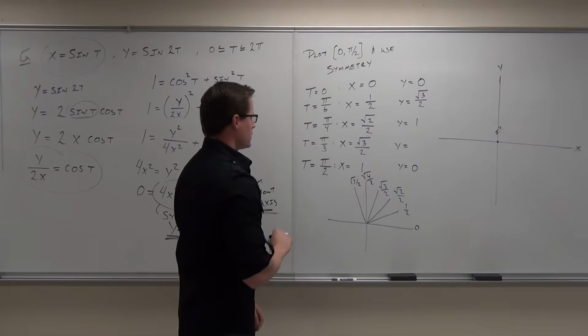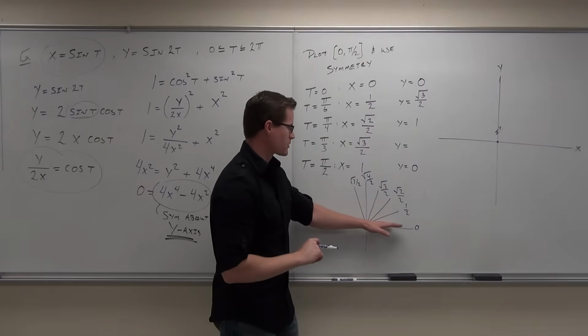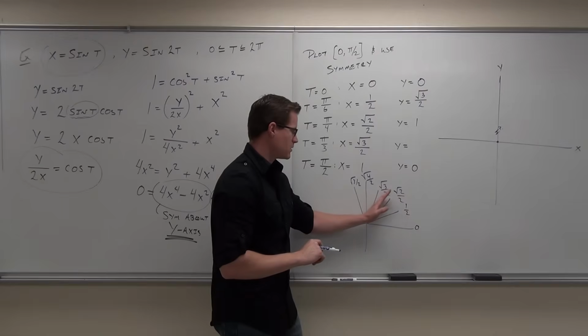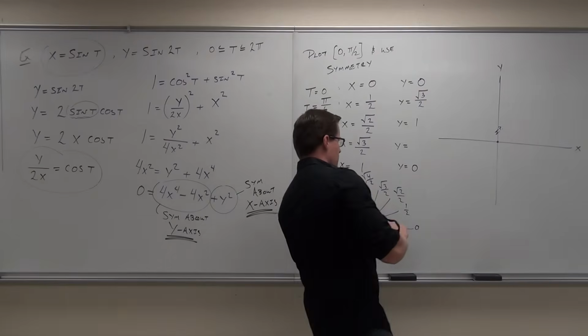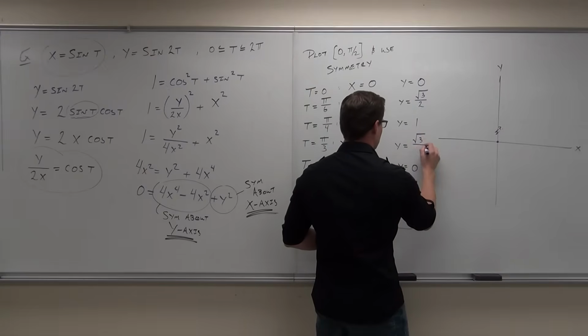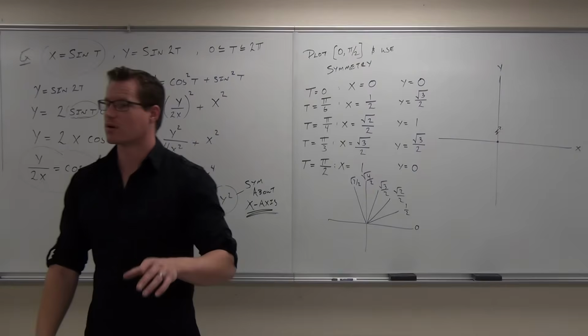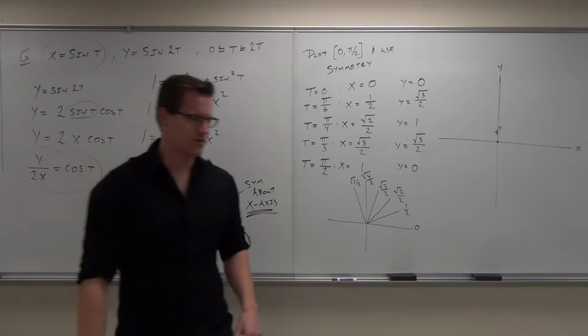So where is 2 pi over 3? This would be pi over 3, and then this would be 2 pi over 3. So it's root 3 over 2. Double check that for me, am I right? That's right.